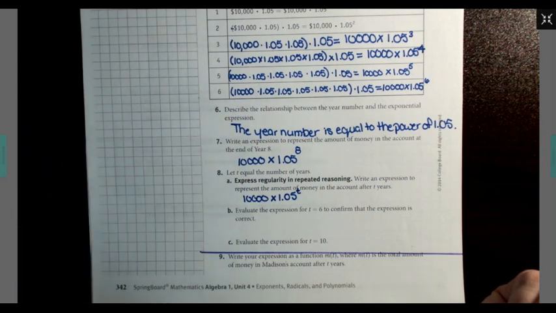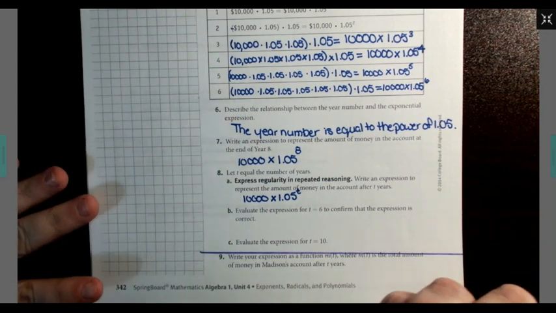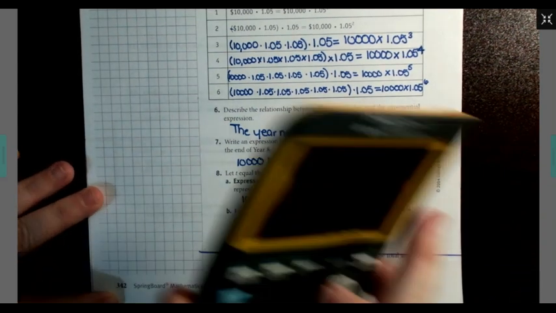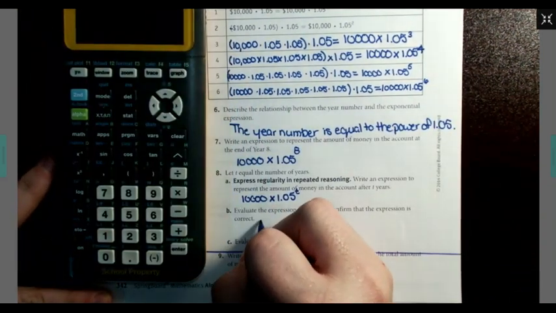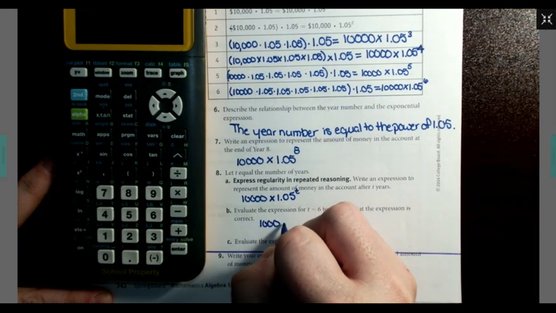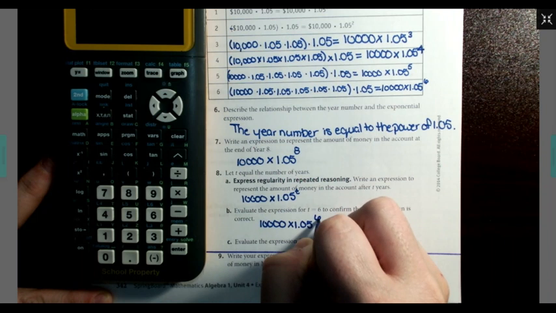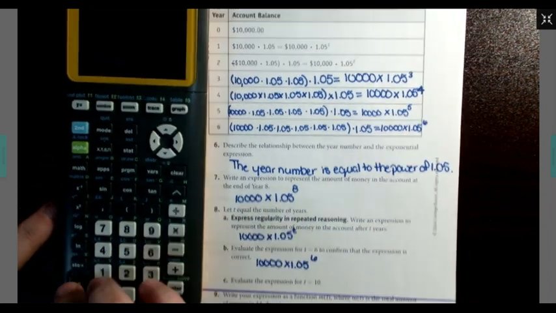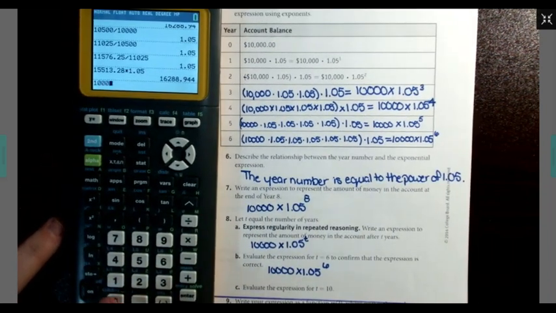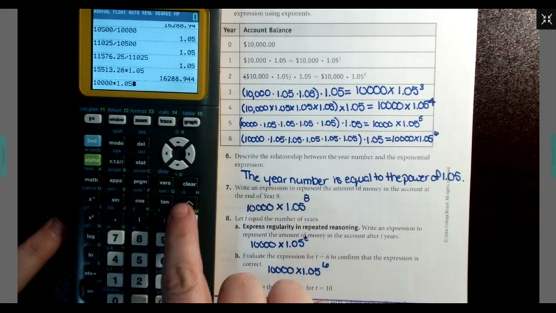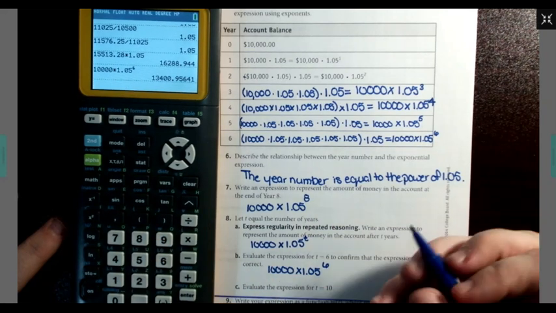Evaluate the expression for t equals 6 to confirm that the expression is correct. So we're going to do 10,000 times 1.05 to the 6th power. Let's see what we get. 10,000 times 1.05 to the 6th power.